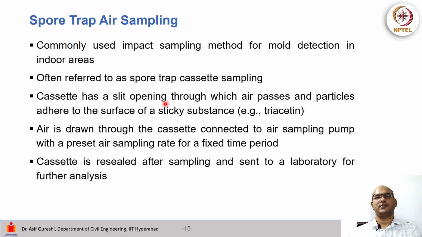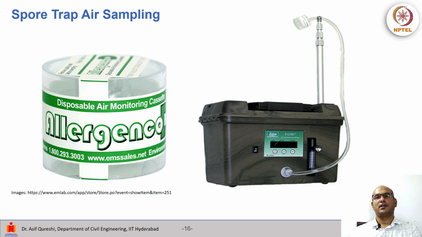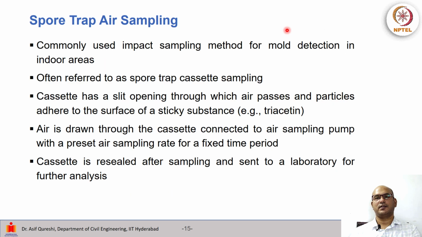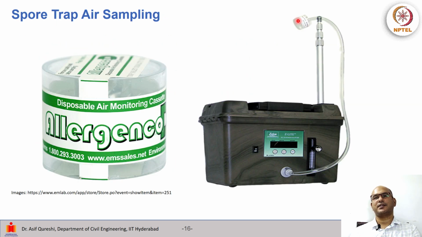The cassette has a slit opening through which air passes and particles adhere to the surface of a sticky substance. So the particles will be sucked in, and our relevant particles, mold spores, will be attaching to the sticky surface. Then we will seal the cassette, cover the sides and the top, and then send them for lab analysis.